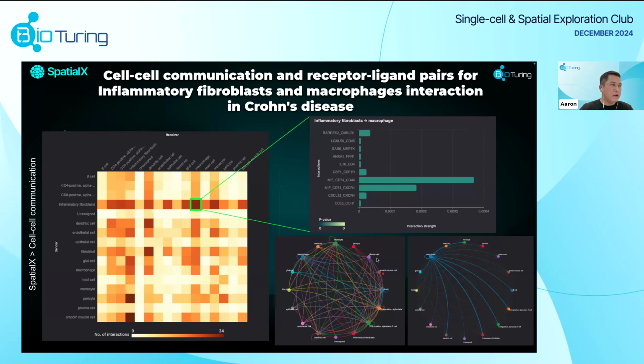And besides the cell pair, we're also able to visualize the cell interaction network. For example, here is the whole cell interaction network between different cells in the tissue that we analyzed. If you select one particular cell type, you can see which cells that cell type may interact with. And the thickness of the arrow indicates a higher number of interactions.